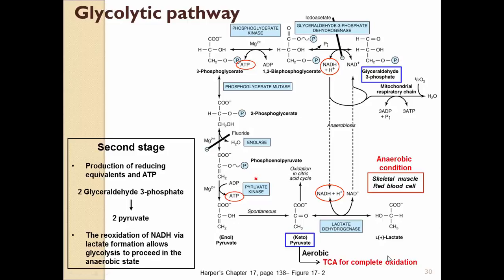But under aerobic conditions, in addition to these 4 ATP molecules, you have an additional 2 NADH made, which then eventually enter the electron transport chain and make more ATPs, right?